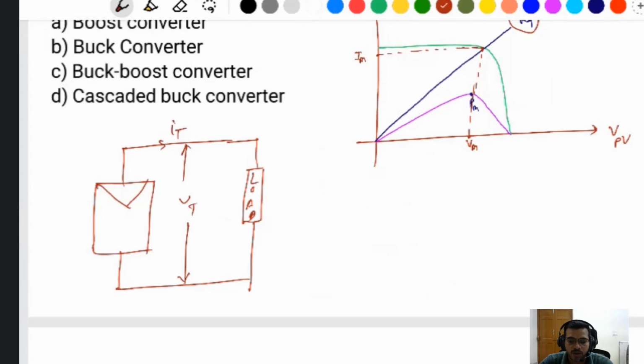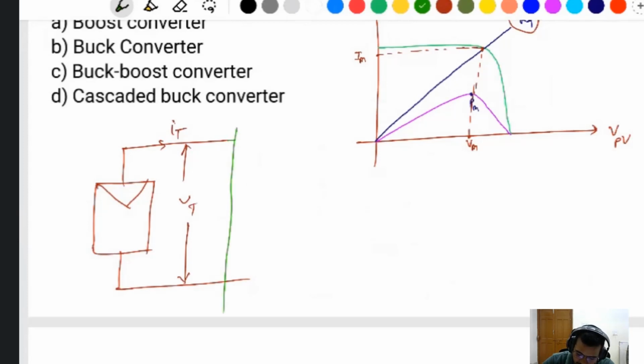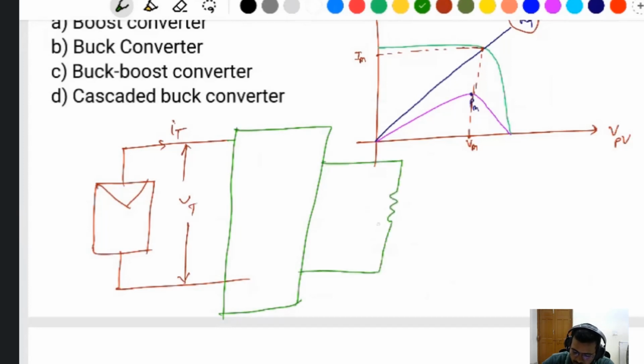If you connect a load with a higher current rating, the voltage will be very reduced, so it cannot get the maximum power. That's why at this point we connect a DC-DC converter. After that you connect the load, to match the profile from input to output. This is the DC-DC converter.